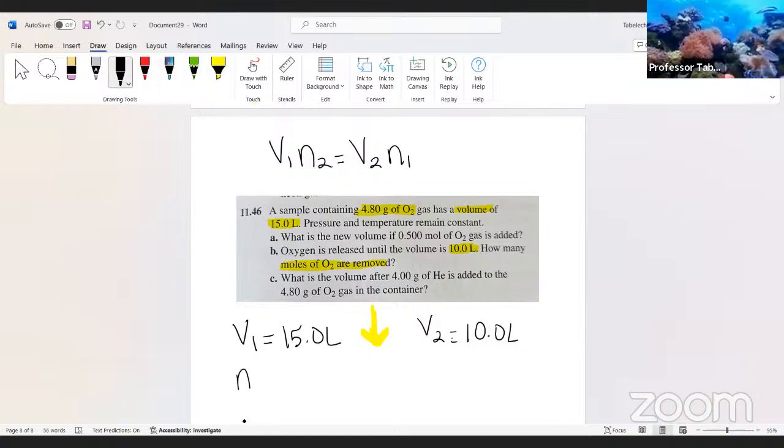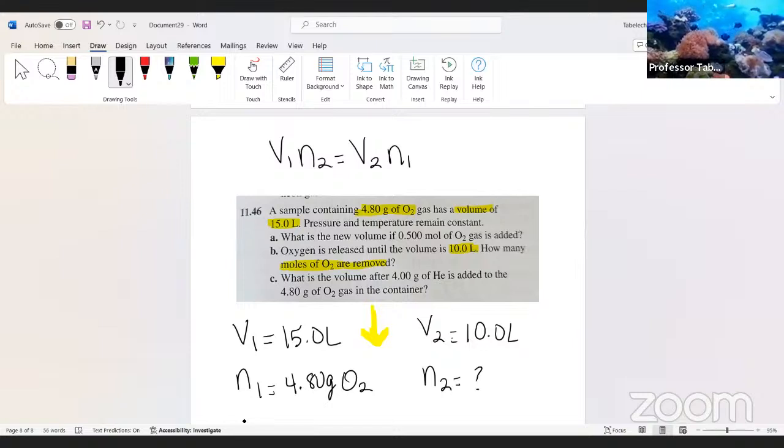We need to look at our moles. So in one, they gave us 4.80 grams of oxygen. And for N2, they want to know how many moles of oxygen are removed. Okay? So that's what you're looking for. You're looking for N2. In other words, since they removed it, that means they dropped.